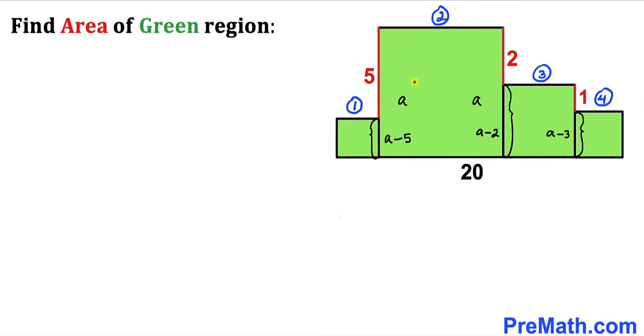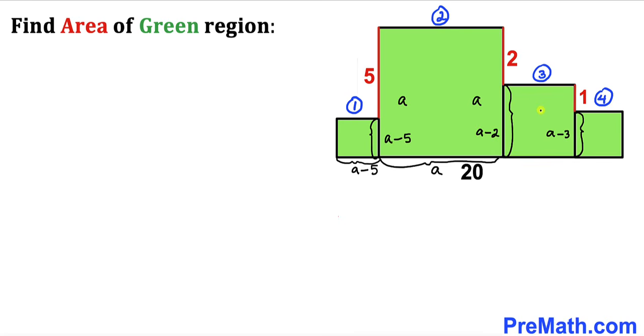And since we are dealing with squares, all their side lengths are equal. So for this square 1, the base length is going to be the same as this height, so this is going to be a minus 5. And for box 2, we know its height is a, so therefore its base is going to be a as well.